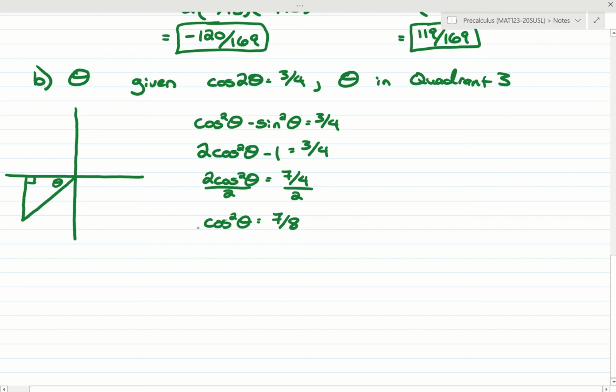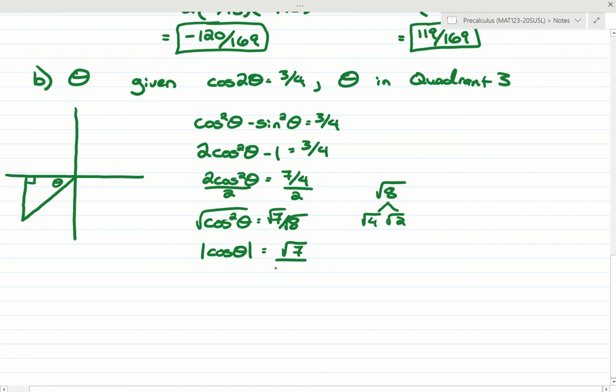You could take the square root of both sides, absolute value of cosine. Remember, anytime you take the square root of something squared, its absolute value is equal to the square root of 7 over the square root of 8. Now the square root of 8 we're going to have to reduce. I'll just do that off on the side here. Square root of 8 is just the square root of 4 times the square root of 2.